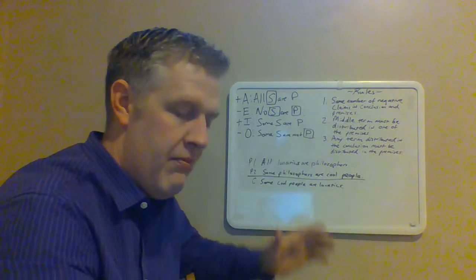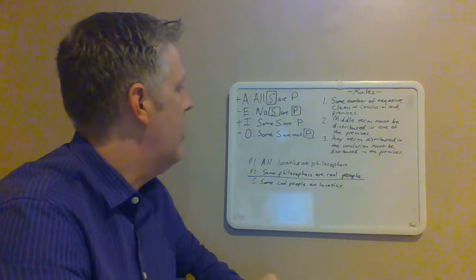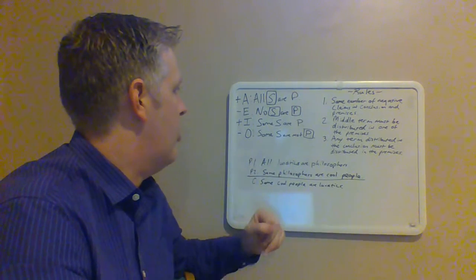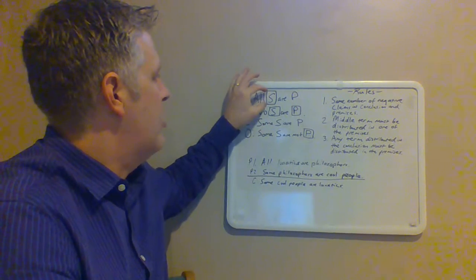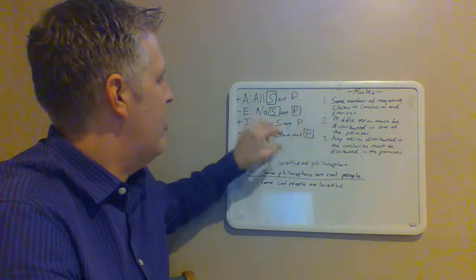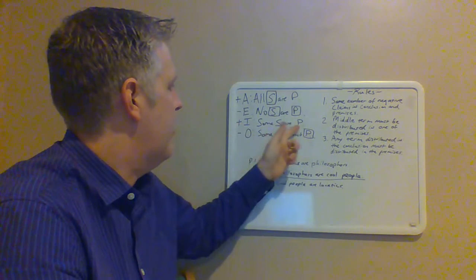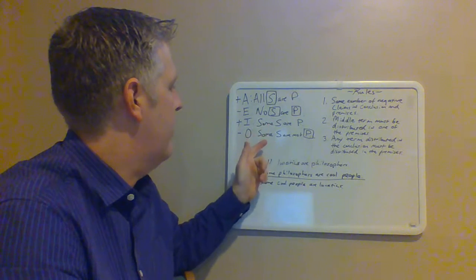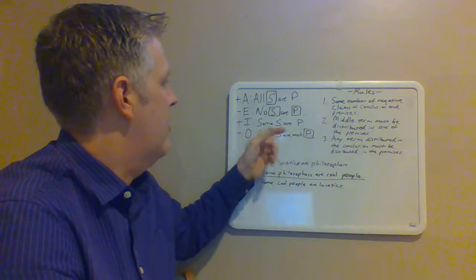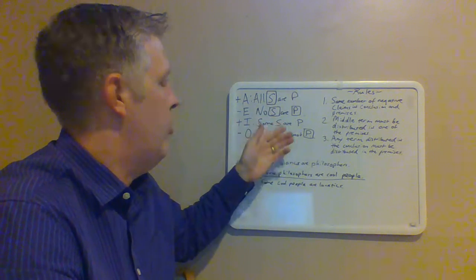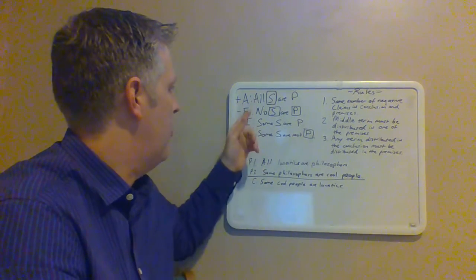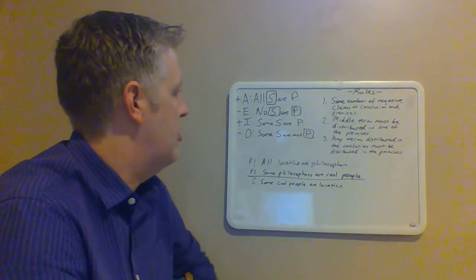I know that sounds pretty confusing, but just commit this one to memory. These squares are what's being distributed in each of the standard form claims. Note that nothing is distributed in a standard form I claim. Otherwise, there's at least one term being distributed in the other three standard form claims. Note that E has both of them distributed.